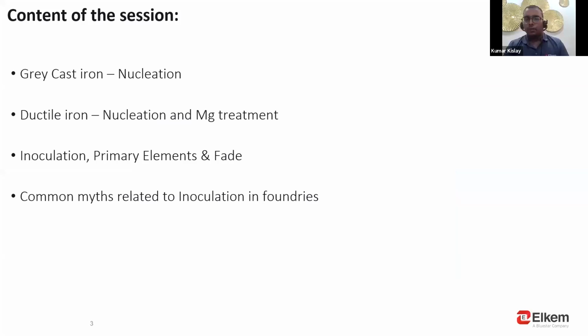To start, what is nucleation? Nucleation is something we always talk about in the context of casting. We want to convert the molten metal into a solid, and we do it starting from very small crystals.